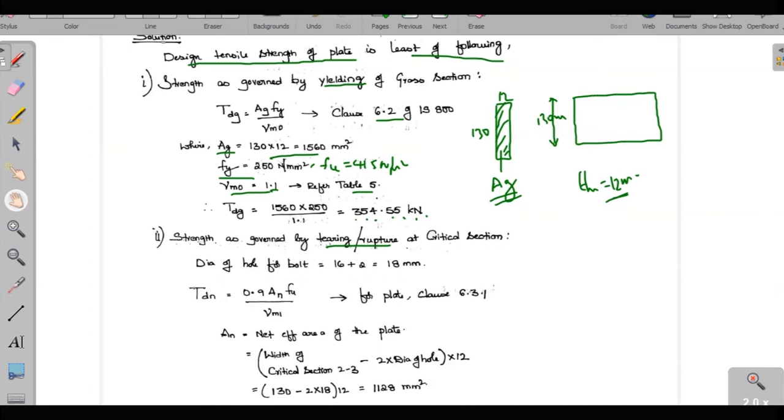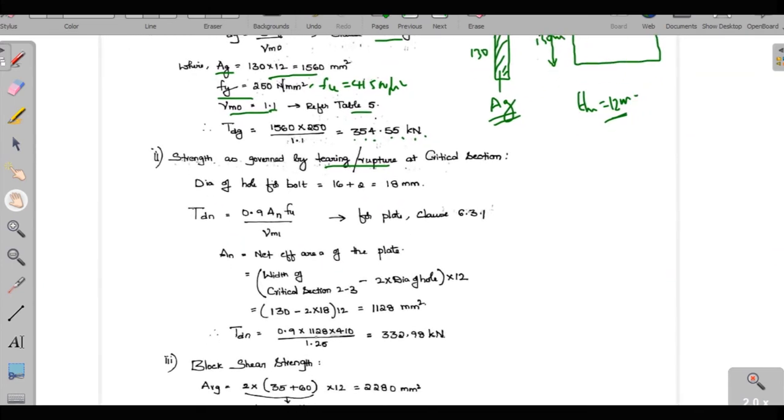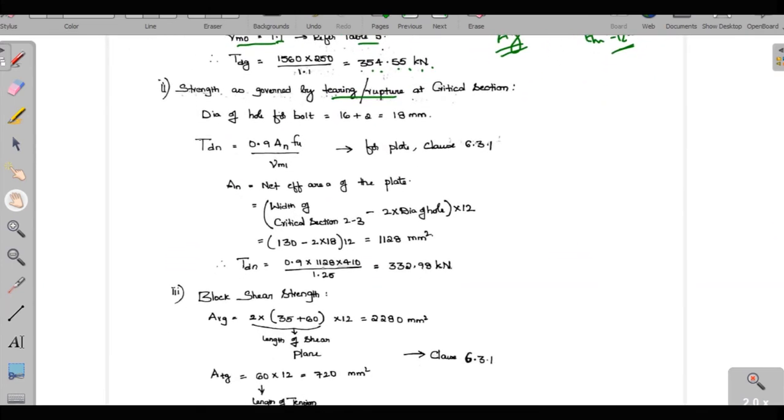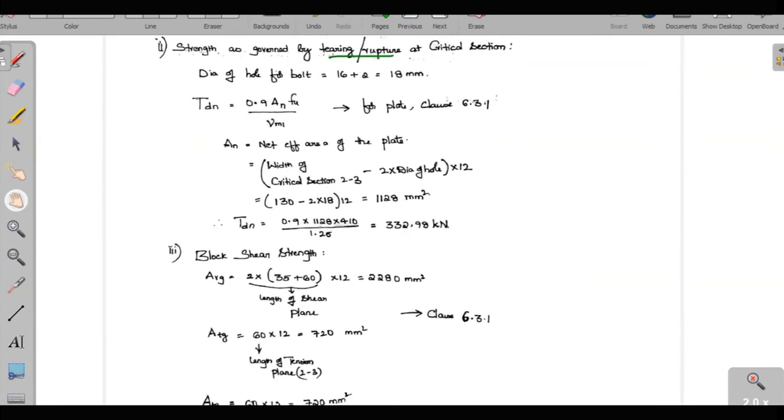So now we have to calculate the strength as governed by tearing or rupture of the critical section. See, the formula is this. The formula for calculating the strength in rupture is given separately for plate and angle sections and threaded rods also.